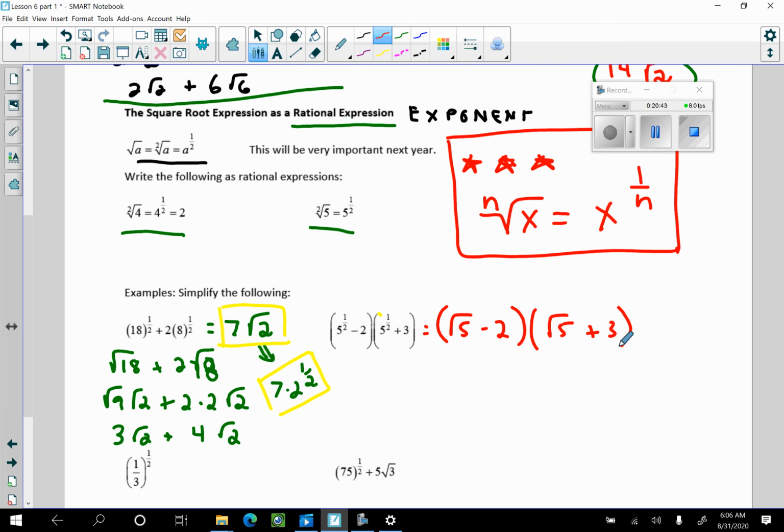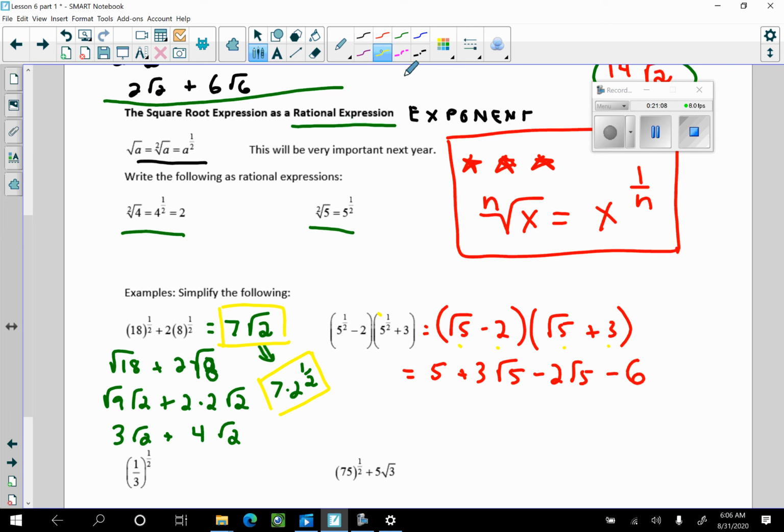So we're just going to multiply those radicals out. Square root of 5 times square root of 5 is 5. Square root of 5 times 3 is 3 square root of 5. Negative 2 times square root of 5 is negative 2 square root of 5. And negative 2 times 3 is negative 6.